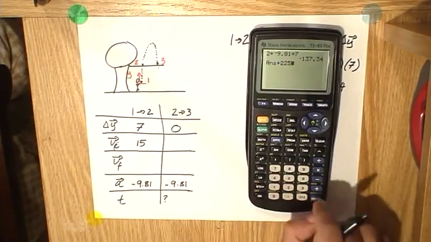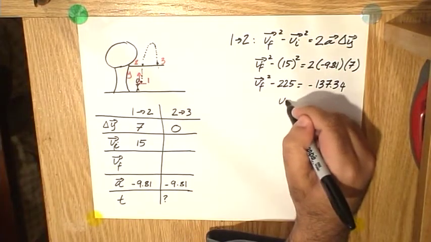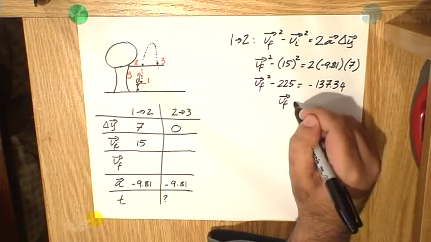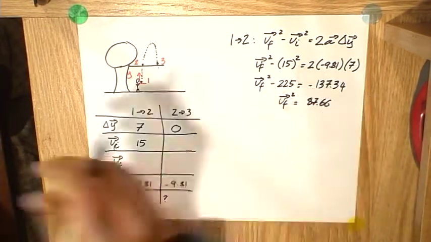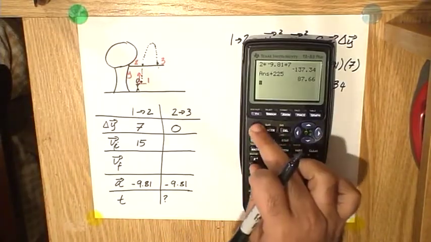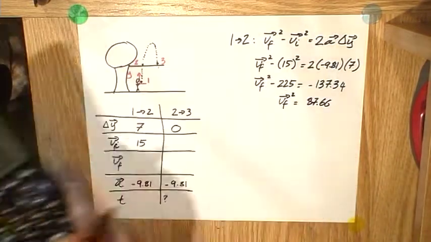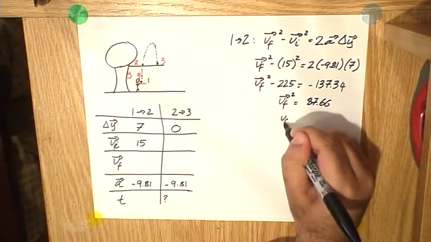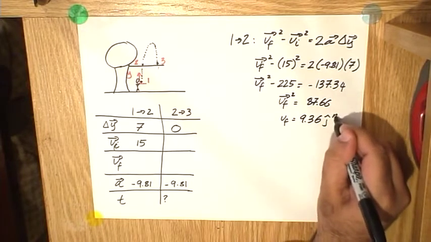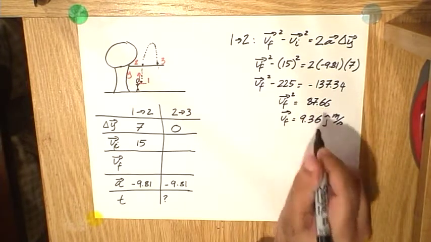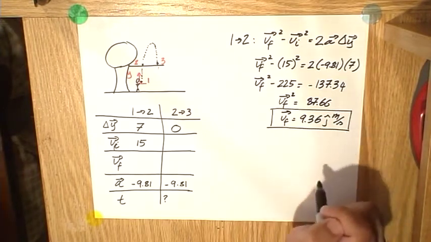Add 225 to both sides, you get 87.66. So v final from 1 to 2 is equal to 87.66, or more correctly, that's v final squared. And finally, we take the square root to get 9.36 meters per second. Cool.